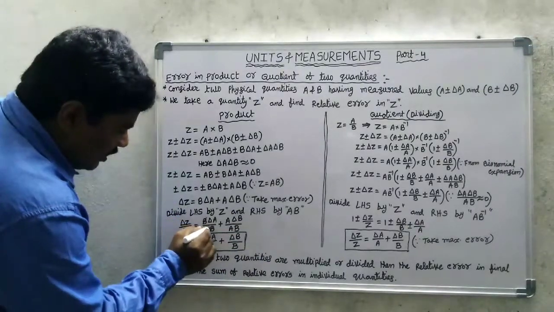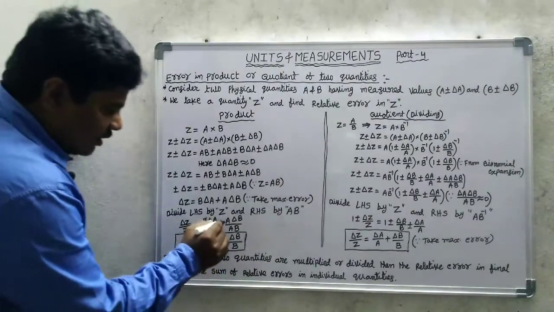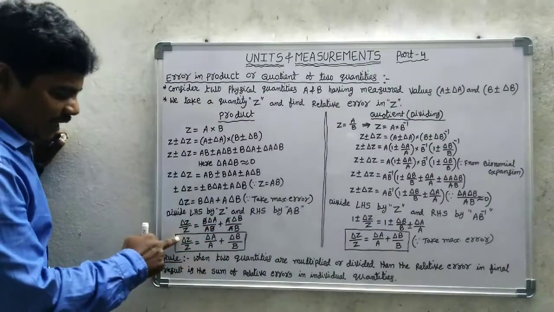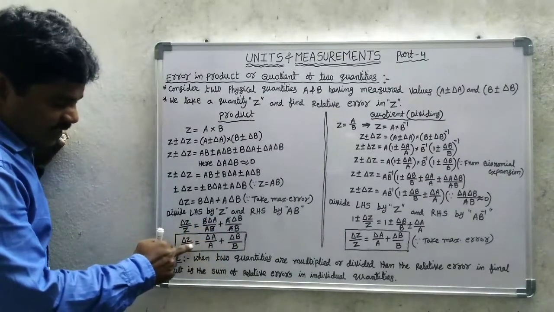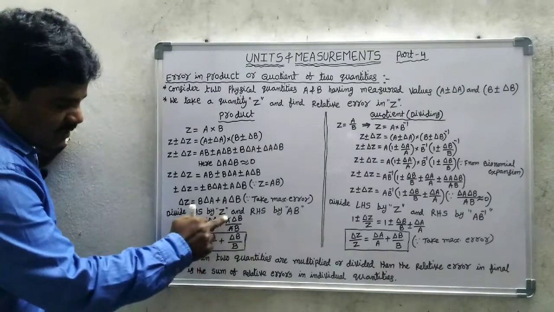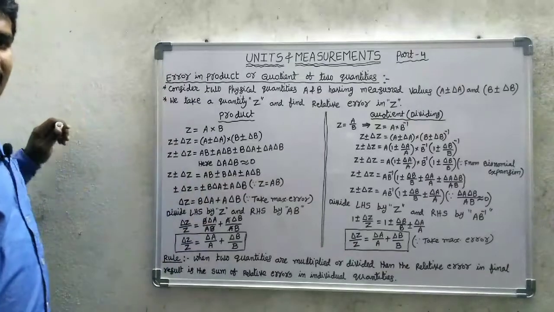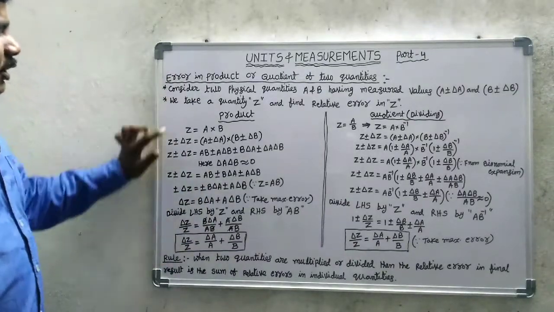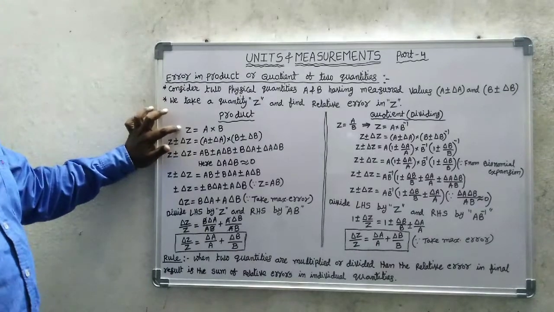This B cancelled. Here this A and this A cancelled. Finally we get delta Z by Z is equal to delta A by A plus delta B by B. This is the relative error in product of the quantity Z.